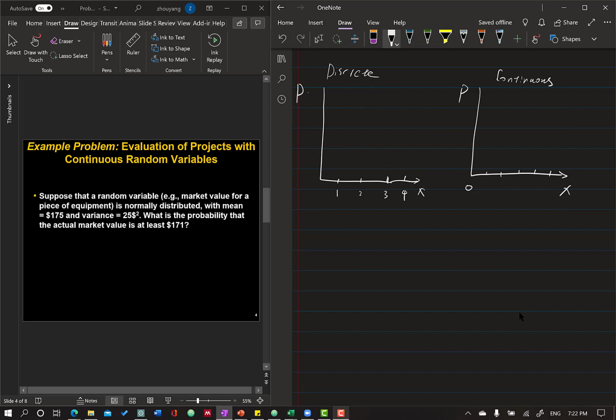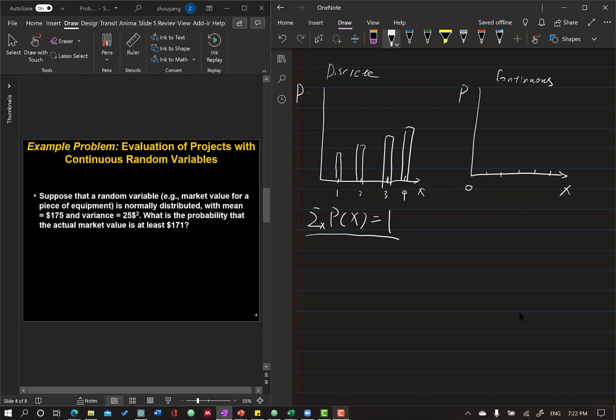The probability for each of these will be like a bar, and the sum of all of these will be 1. This is the requirement for both cases.